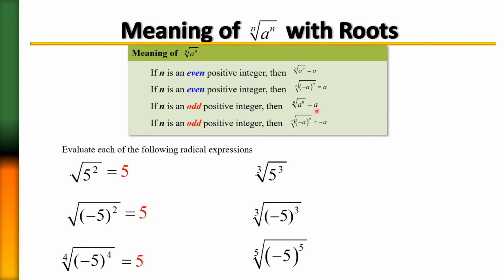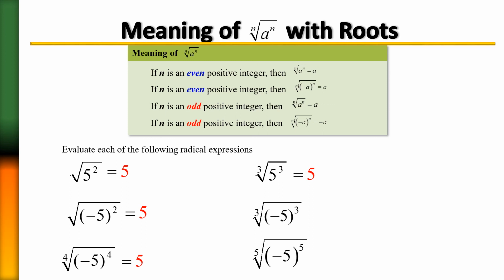So in this case, the radicand is positive 5, so this problem is going to equal 5. Now you can multiply the number 5 three times and then take the cube root of that number, and you're still going to get 5 as your answer.